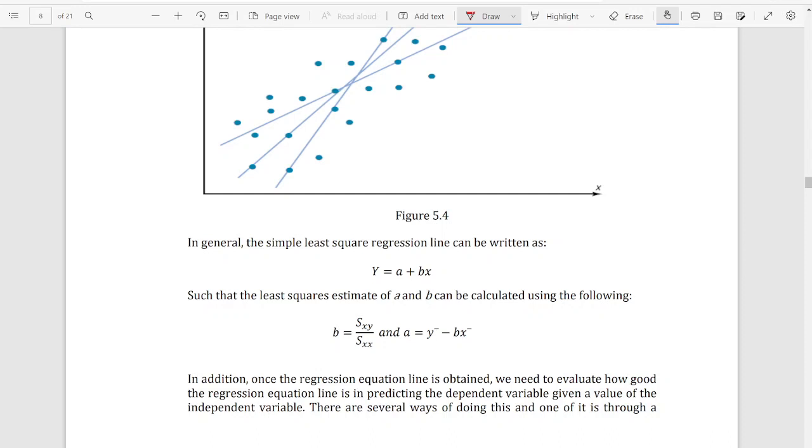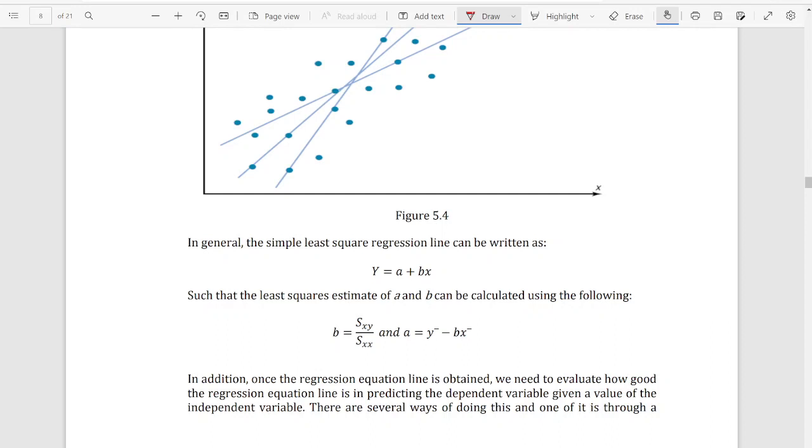So in order to find the best regression equation line using the least square method, you have to estimate the value of b and the value of a. Barulah you akan dapat dia punya regression line equation. So in this case, you estimate the value of b by using the formula Sxy and Sxx. Yang ni sama macam tadi kita buat.